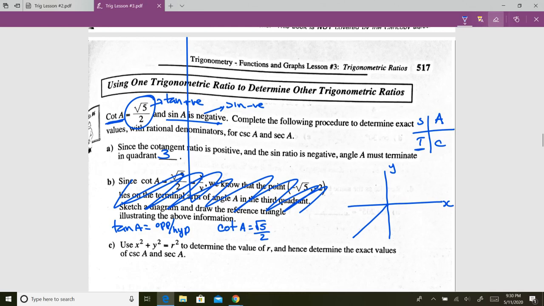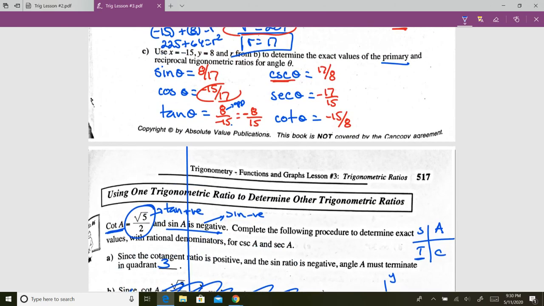Tan is not opposite over hype. Hopefully somebody corrected me, yelled at the screen. Opposite over adjacent. So this would be opposite and this would be adjacent. When I flipped it, that was the adjacent and that was the opposite.